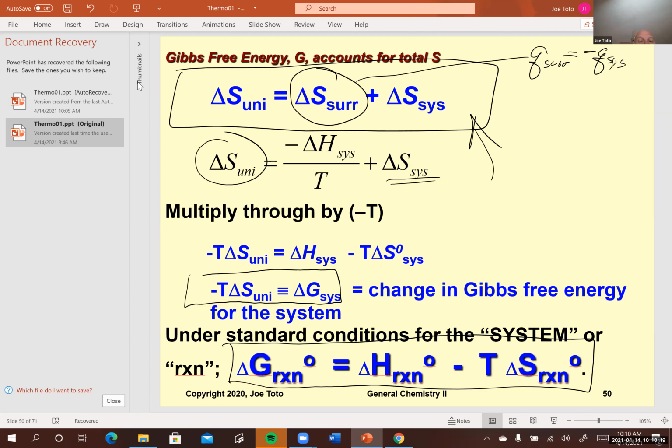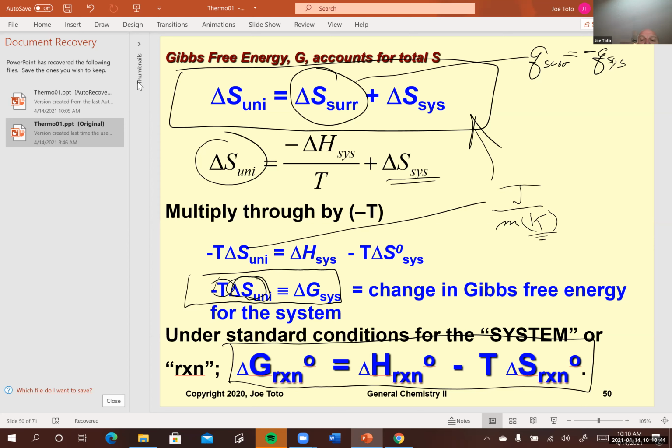Another thing you can notice is when you multiply S, entropy, by temperature, remember the units of entropy are joules per mole degree Kelvin. This Kelvin is a part of the entropy definition.